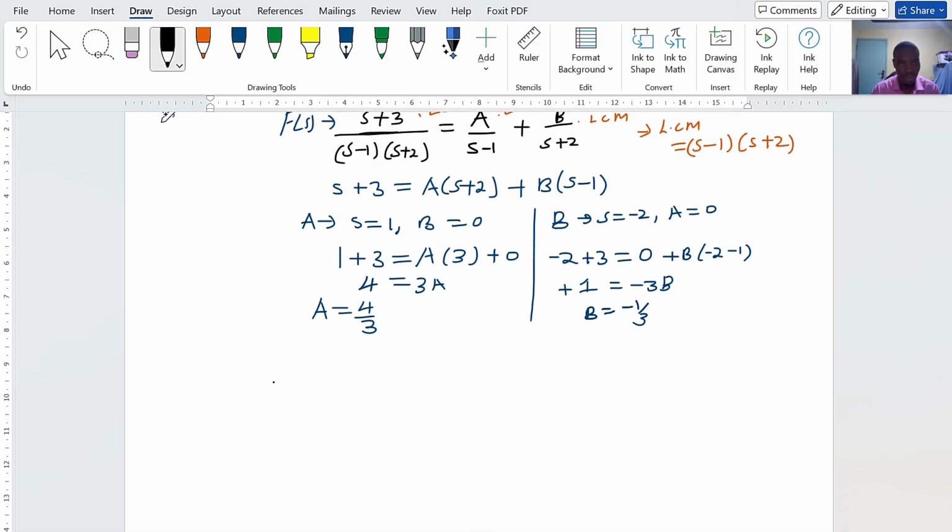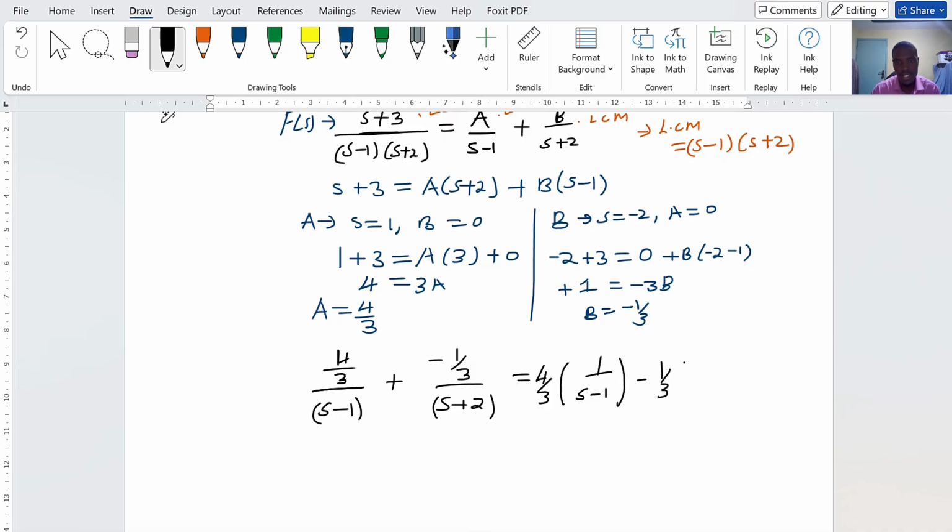Now our fraction becomes: our a is 4 over 3 over s minus 1, then plus, remember this b is negative a third, over s plus 2, which is the same as 4 over 3 into 1 over s minus 1, then minus a third into 1 over s plus 2.